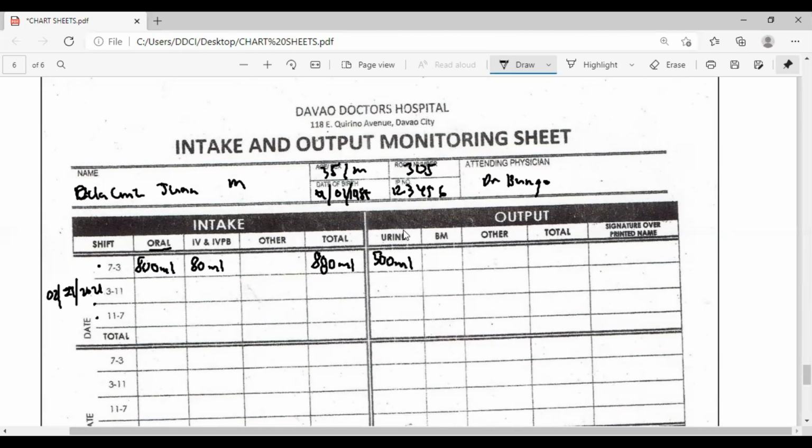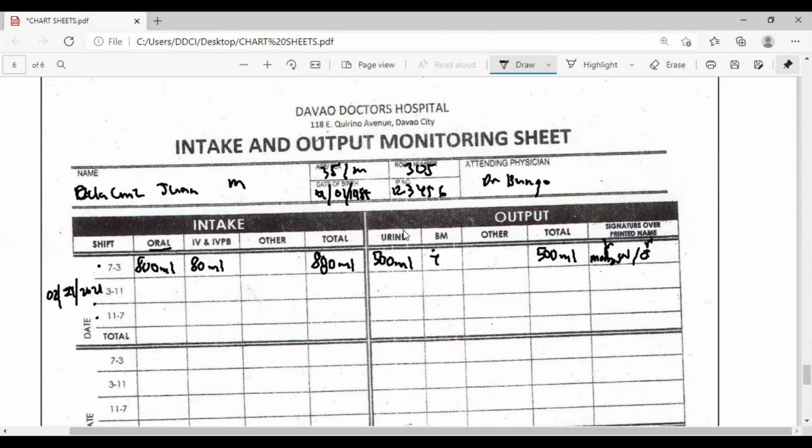If the patient has a bowel movement, you can put how many times, for example, once. Then the total is 500 ml. Then you have your signature, morning SN, countersigned by the CI.